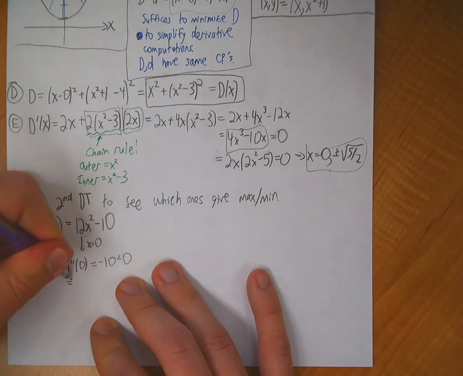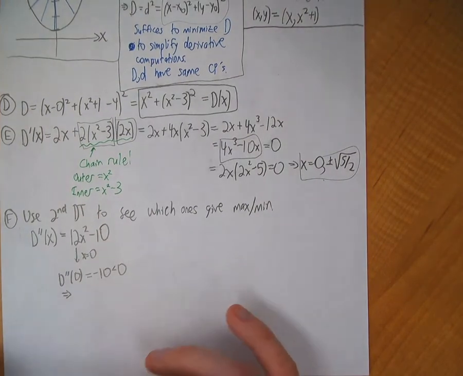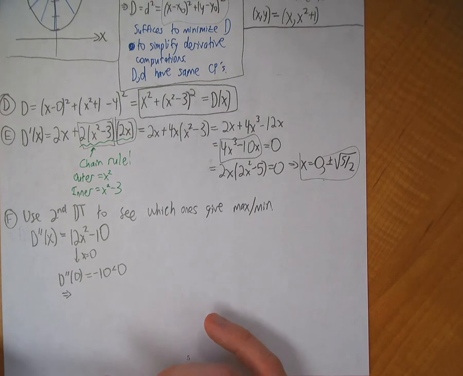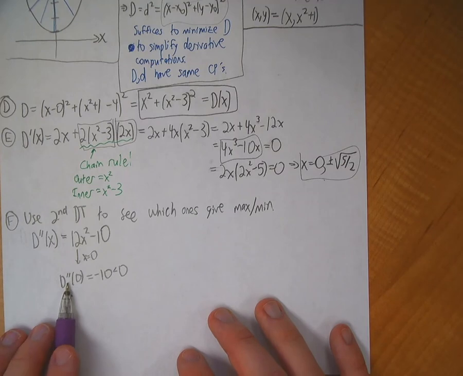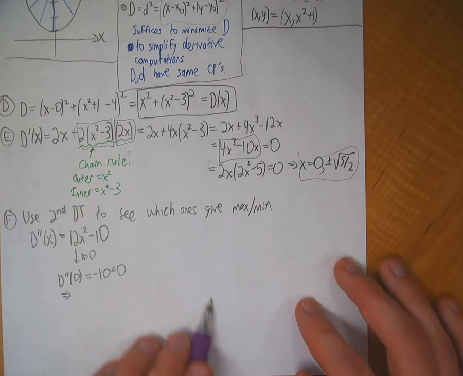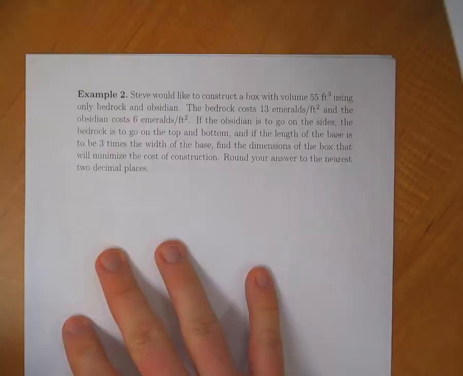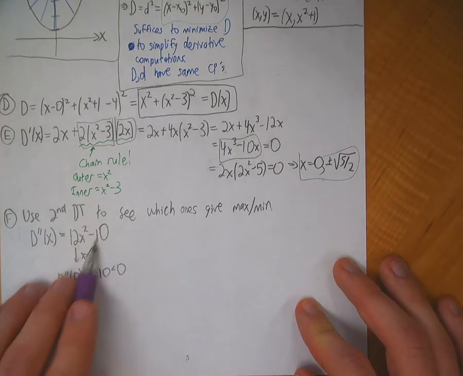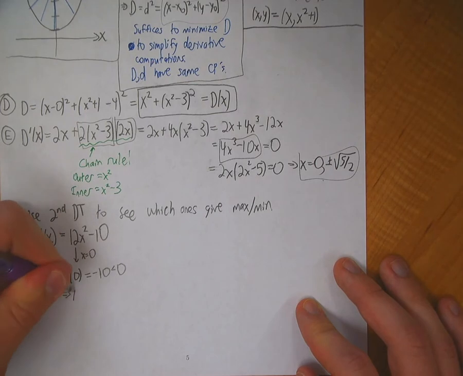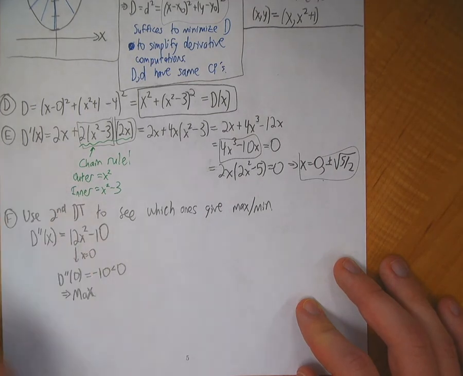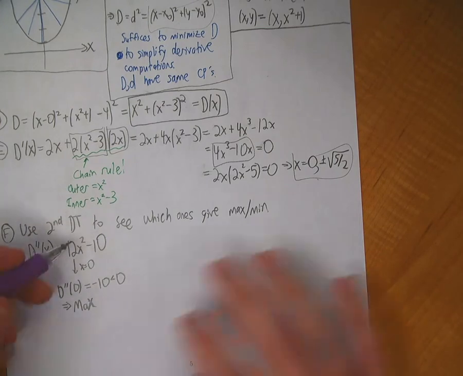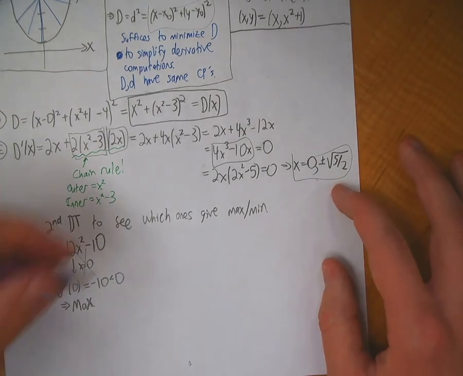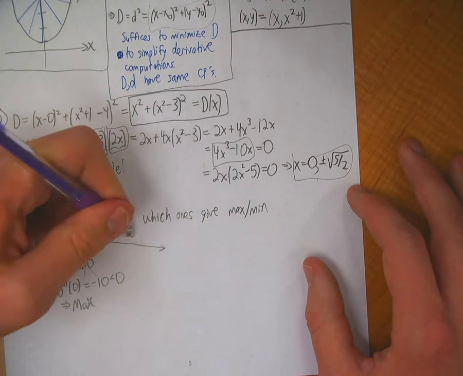If you remember from the second derivative test, what does that tell you about the type of extrema at x equals 0? Remember, the second derivative being negative corresponds to a concave down function, right? So what kind of extrema do we get there? Maximum, right. So that's that part. It definitely seems like x equals 0 is out of consideration here.